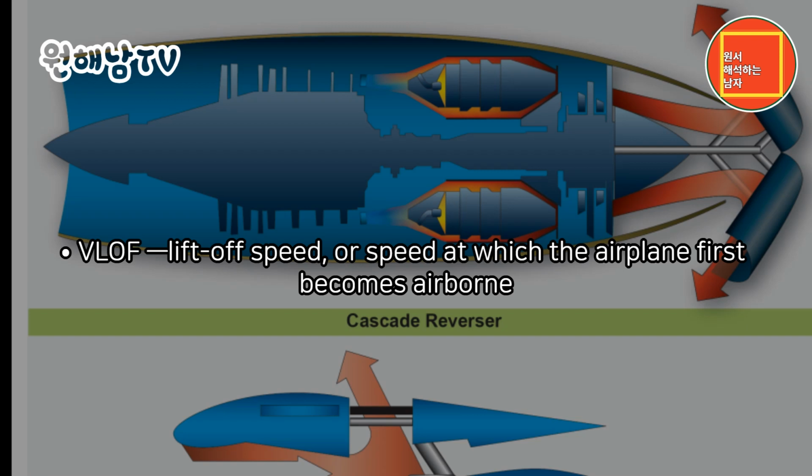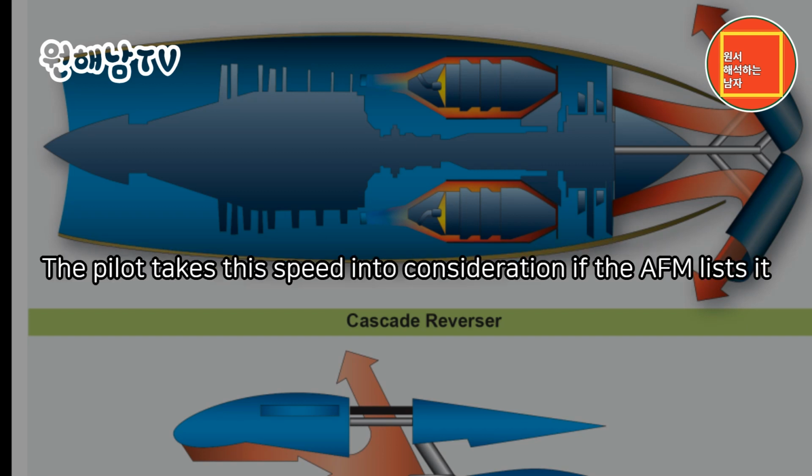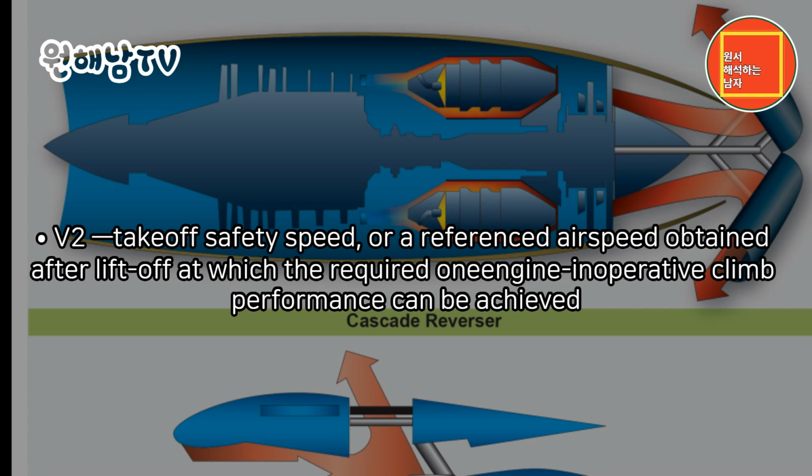VLOF: lift-off speed, or speed at which the airplane first becomes airborne. This is an engineering term used when the airplane is certificated to meet certain requirements. The pilot takes this speed into consideration if the AFM lists it. V2: takeoff safety speed, or a referenced airspeed obtained after liftoff at which the required one-engine inoperative climb performance can be achieved.